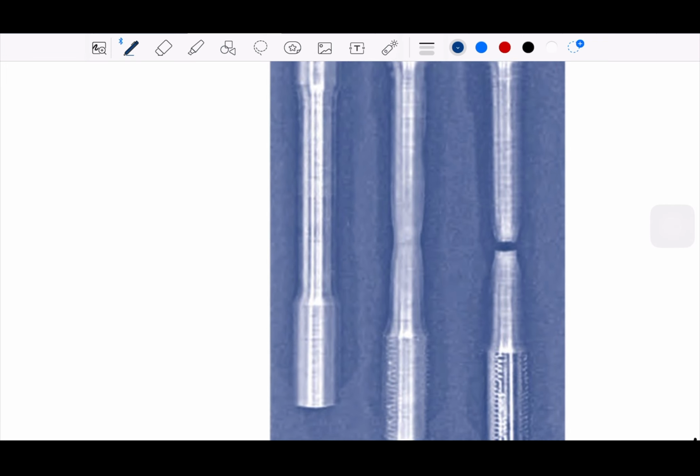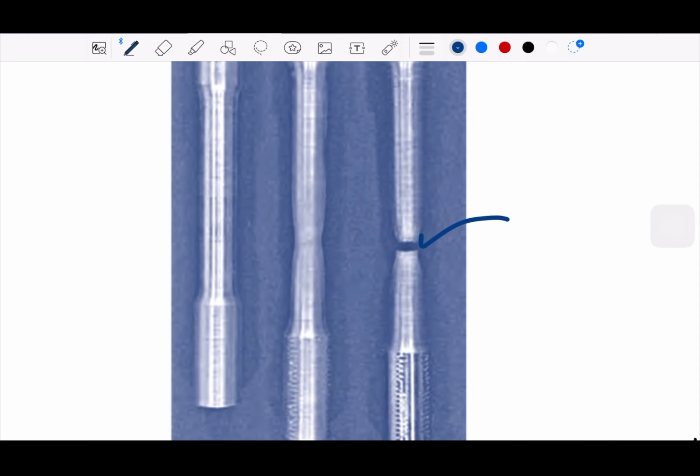This is what we sometimes call a cup cone fracture. It is a typical fracture in a ductile material. So this is a cup cone fracture.